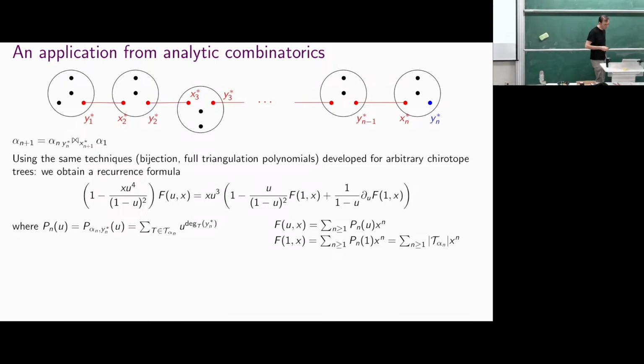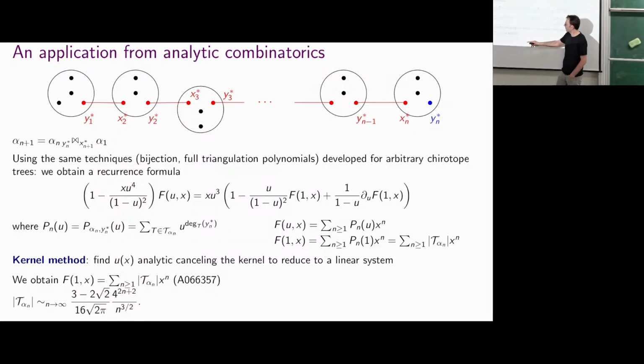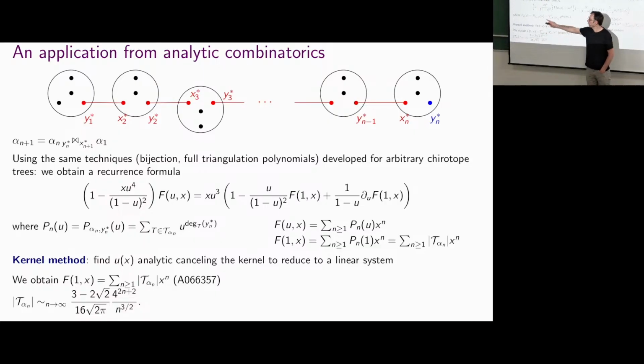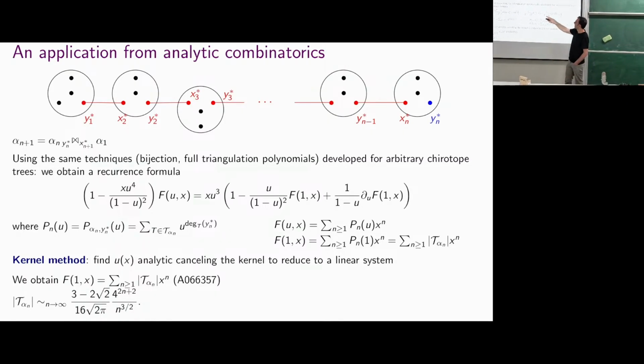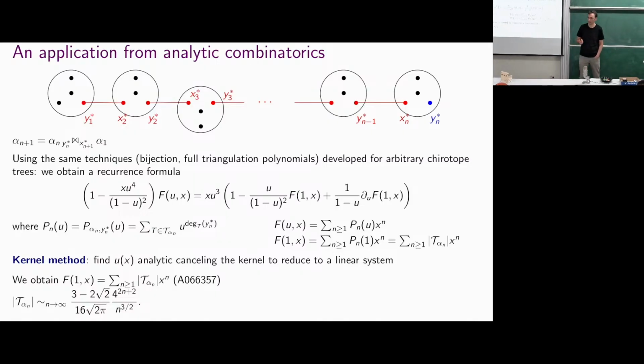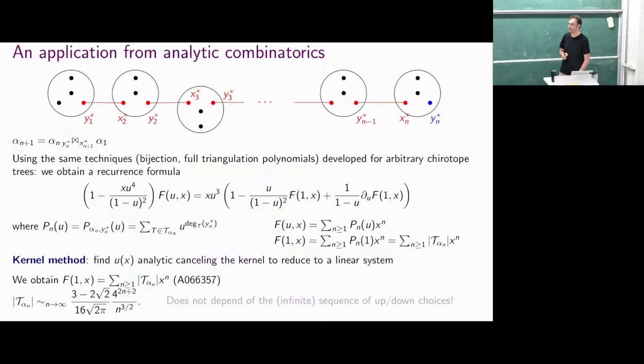And what the kernel method is doing is you find a certain function u of x, parameterize u of x, that will cancel this and therefore get rid of that. And that will give you certain recurrences between f_1 of that u of x and this term. And from that, you can get the asymptotic. And fun fact, it doesn't depend on this choice of up-down.